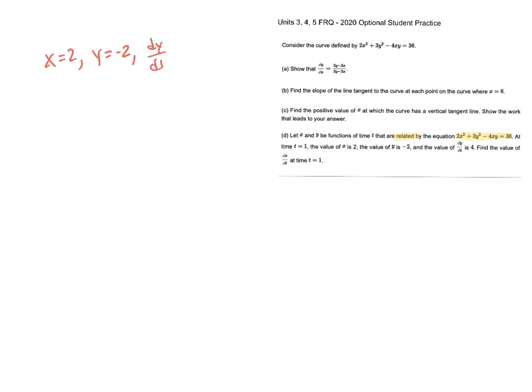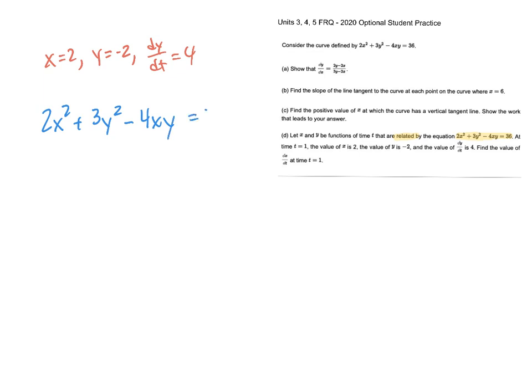Now remember, we don't plug those in until after we do the derivative. The good news is that we already have our equation relating our quantities. So we're just going to write this thing down, and then we'll have to do the derivative implicitly. Everything is with respect to t. Just don't forget that. We're taking the derivative with respect to t.